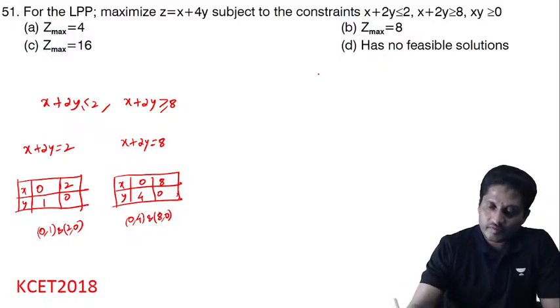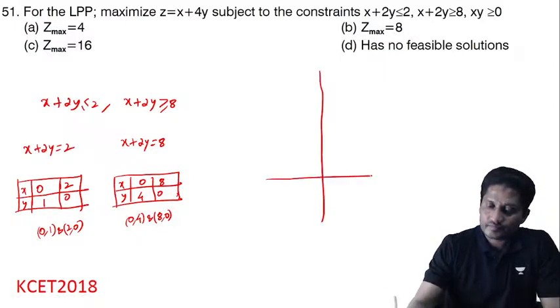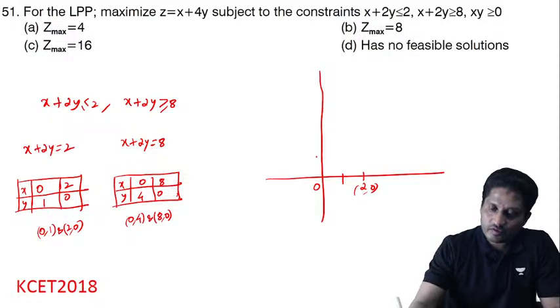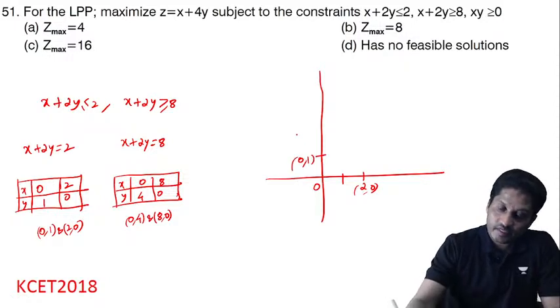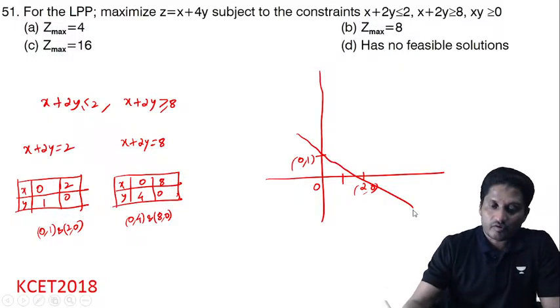Okay, now if I plot the graph, 0, 1 and 2, 0. Get a line according to this, less than or equal to 2. Region containing the origin, right?